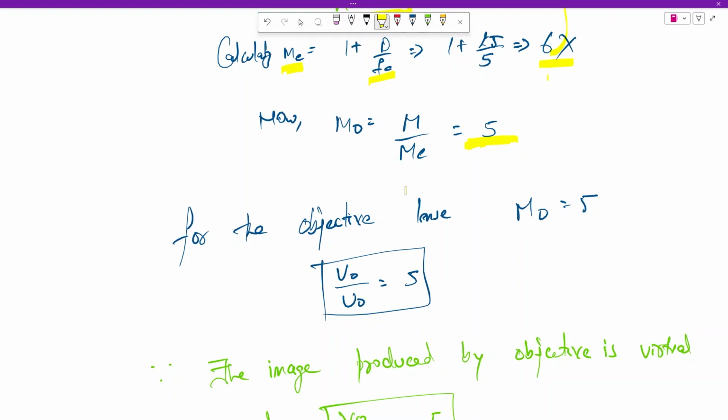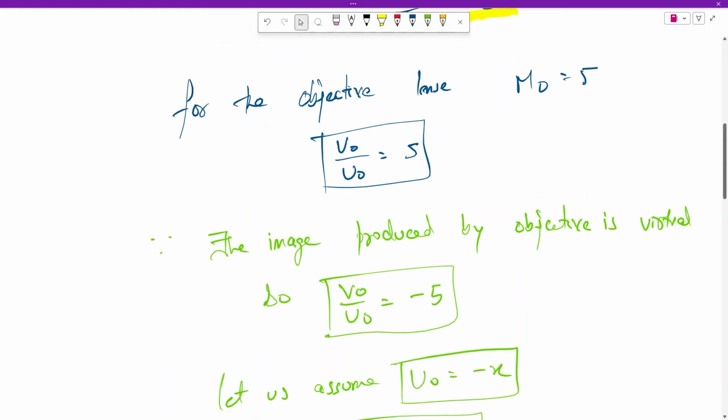Now we know that the objective creates a real inverted image, so we can write it as -5. Now the magnification by the objective is given by VO, the position of image produced by the objective, divided by the object distance from the objective lens, which would be equal to -5.